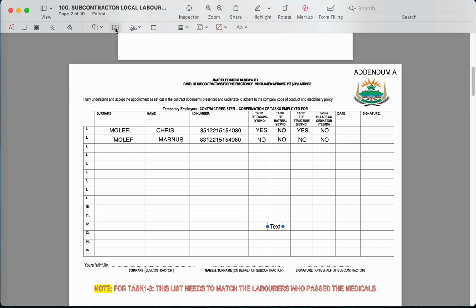And then let's say we have another employee by the name of Mr. Nabu. Mr. Nabu is our third employee who is working on this project. There you go. And then we fill in his ID.